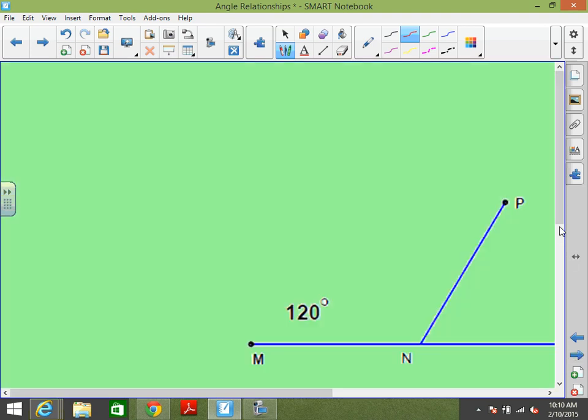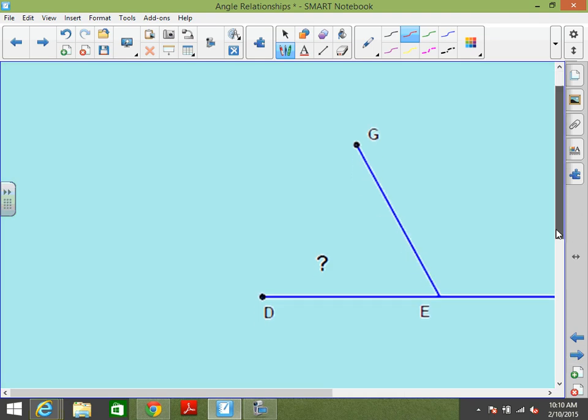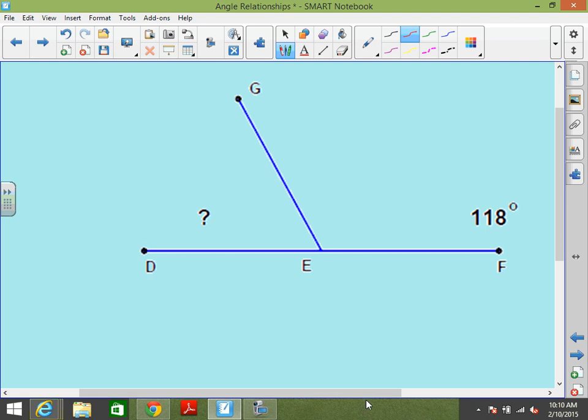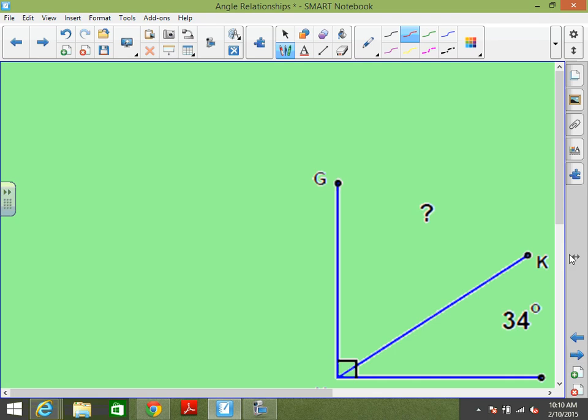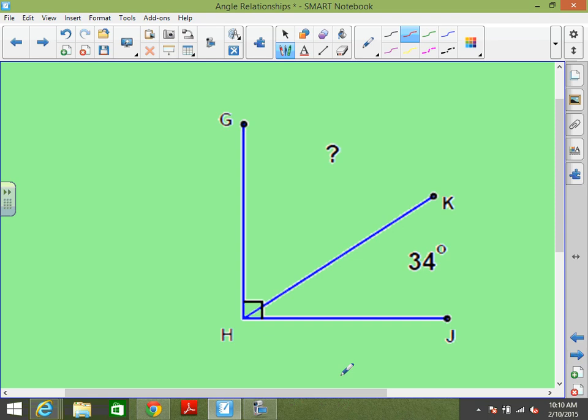Okay, next one. I need to know this angle measure. 60 degrees. Good job. Because they have to add up to 180. It's a linear pair. Okay, next. What? That would be too much. 62 degrees. Yes. Okay, next. 34 degrees and what? 56.